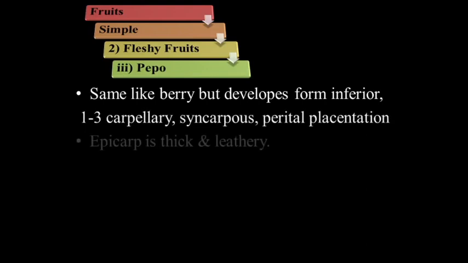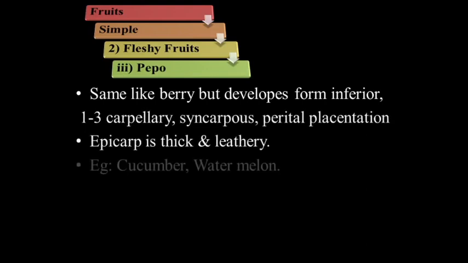Next is the pepo. The pepo fruit is very much similar to the berry, but it always develops from the inferior ovary, whereas in the case of the berry fruit, the fruit always develops from the superior ovary.